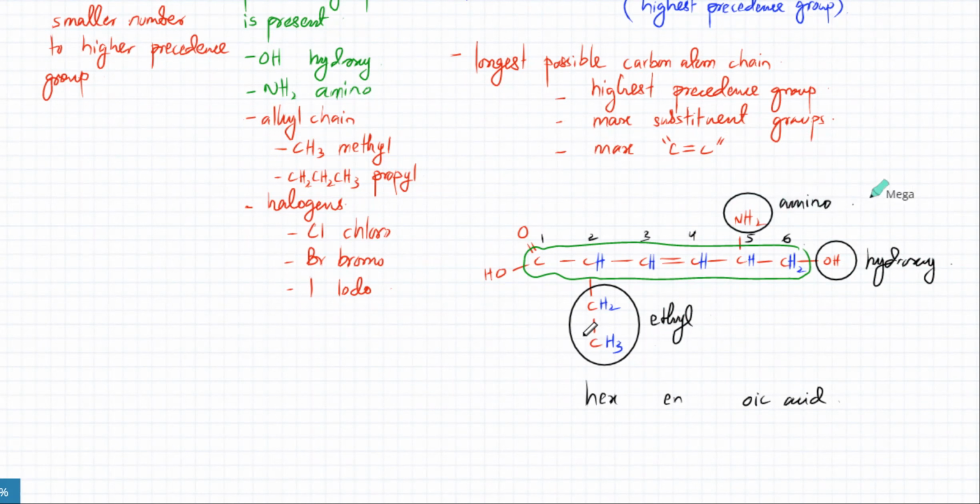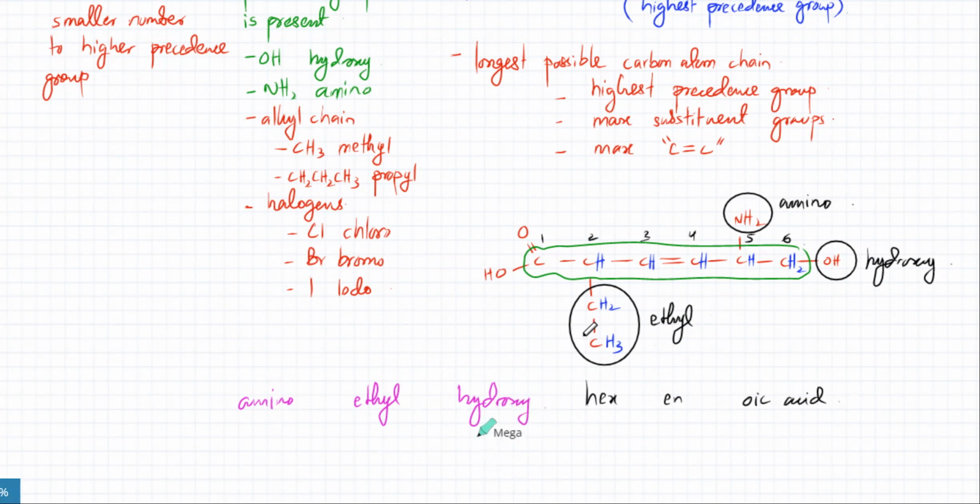So I've got 3 branches, and they should be named alphabetically. Let's start with amino, then ethyl, and then alphabetically there's hydroxy. And there's 1 of each of them.